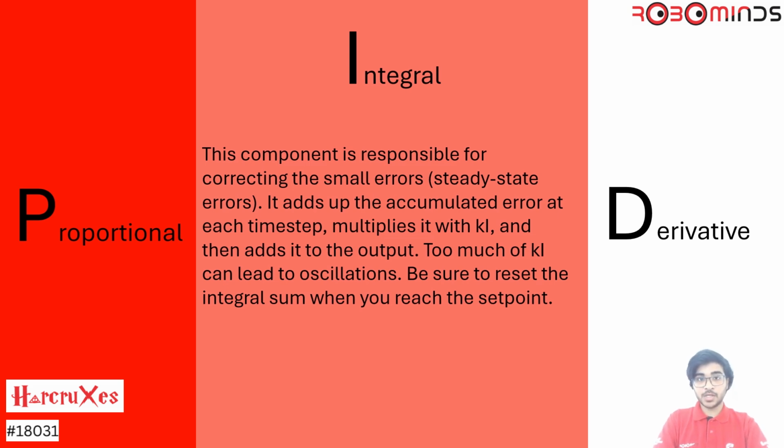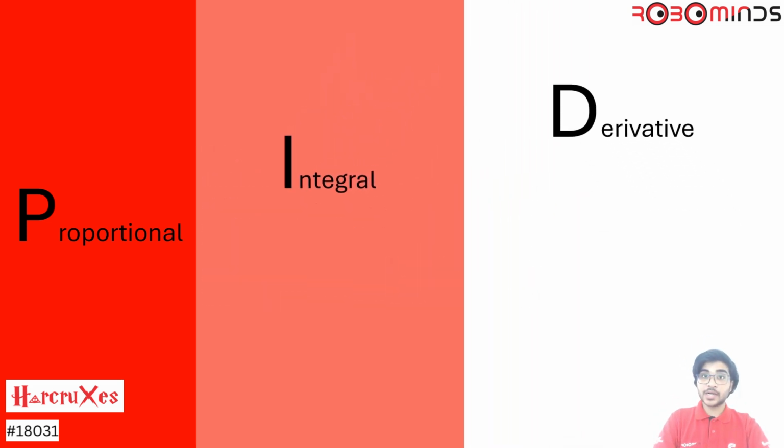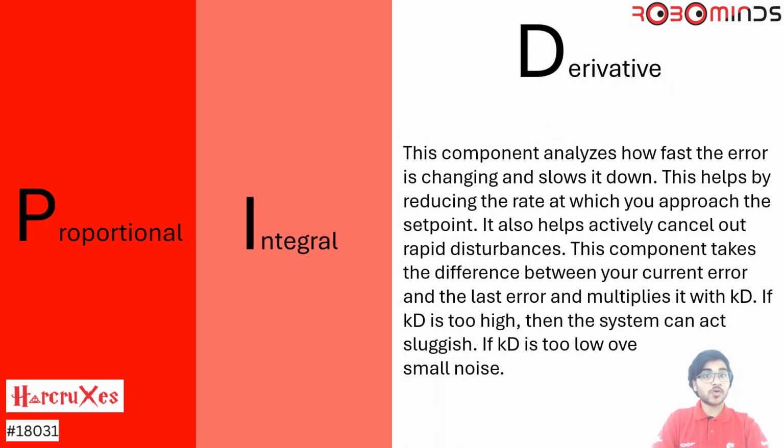The derivative component acts to counteract oscillations and overshoot. What it does is it looks at the rate of change of your state, which means how fast your state is changing, how fast your motor is moving, or how fast your temperature is changing. This derivative acts to counteract this motion.